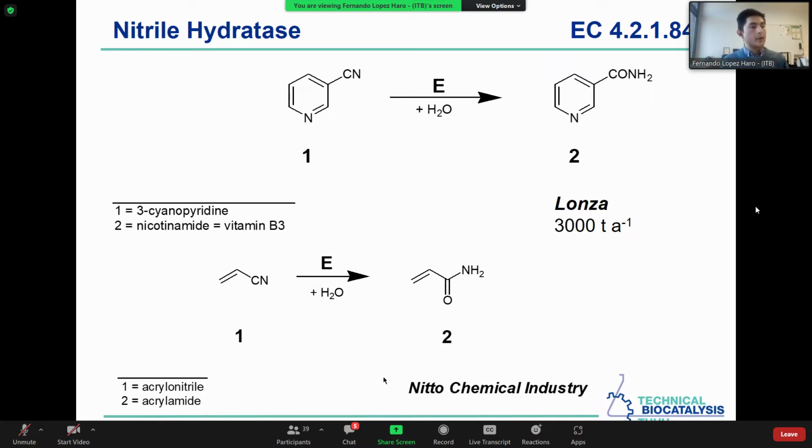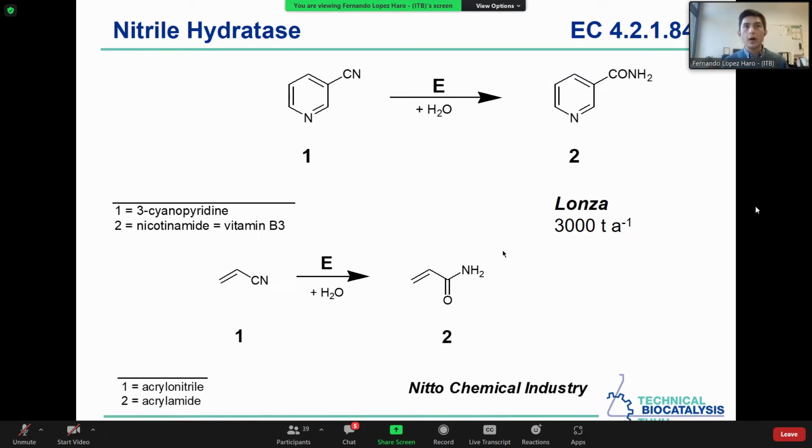Another example also using nitrile hydratases is starting from acrylonitrile, again adding water to the molecule, and the enzyme produces acrylamide. Anyone familiar with acrylamide?